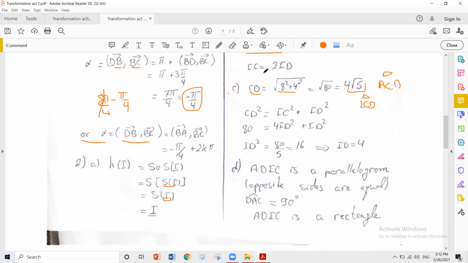But IC equal to ID, so we get CD squared equal 4ID squared plus ID squared.